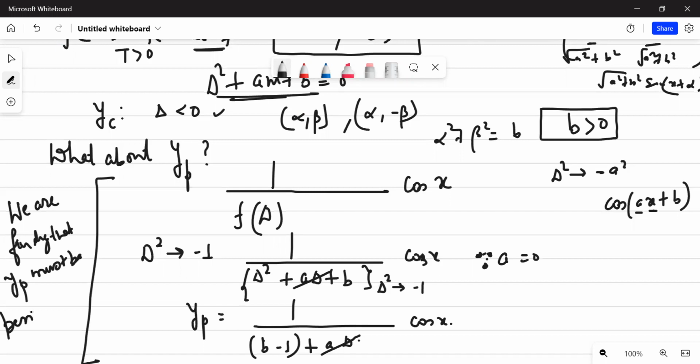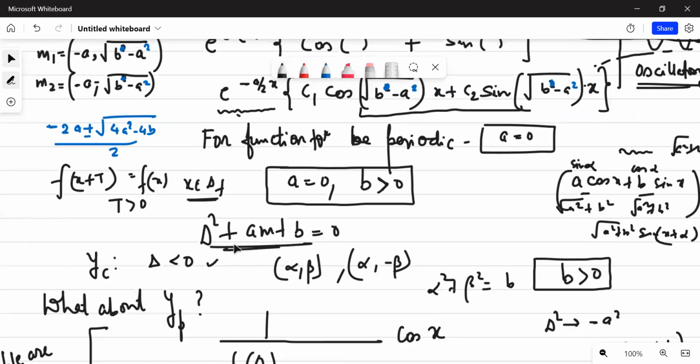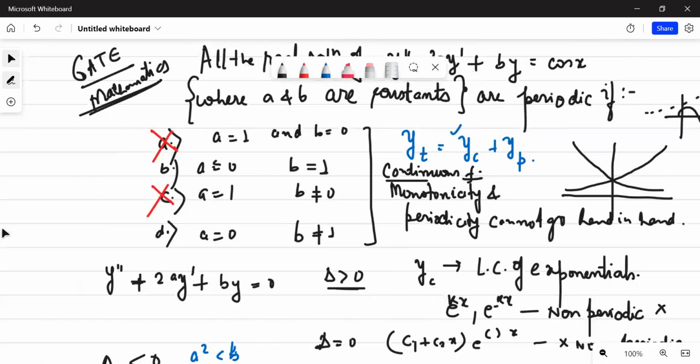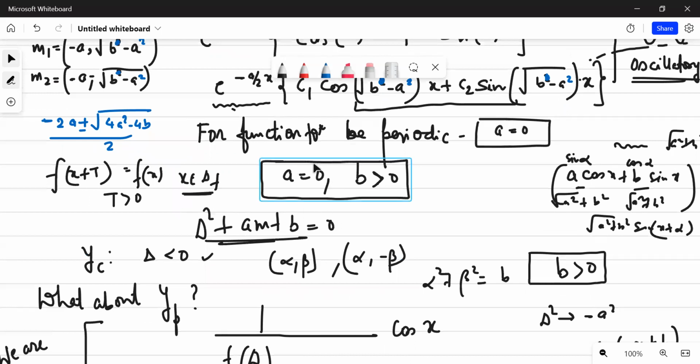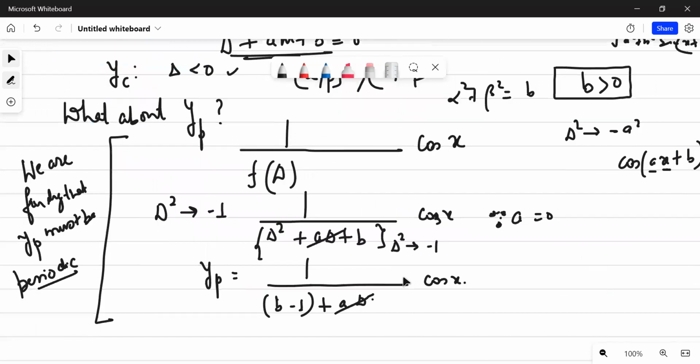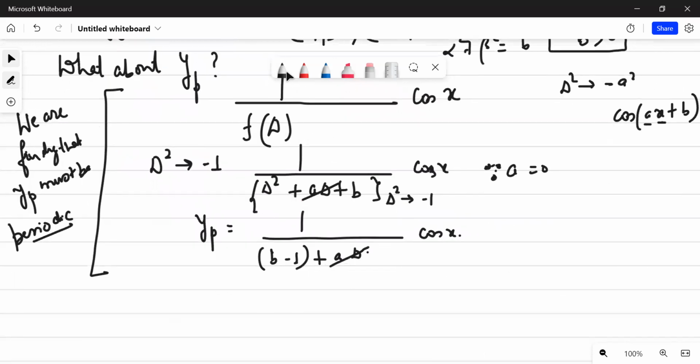So if it is periodic, one needs to understand that we cannot take a as non-zero, because if a is non-zero, there may be something here, like I can somehow multiply by D above and below, rationalize and find it, but overall understand that it will be a problem here. So we have come to the conclusion that the complementary function will be periodic only if a is equal to 0. So a must be equal to 0. That is quite clear in our head right now. So if a is 0, then this will remain as the particular integral.